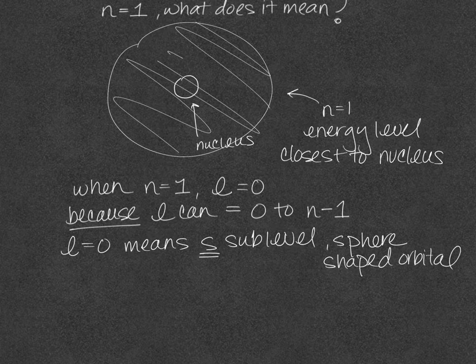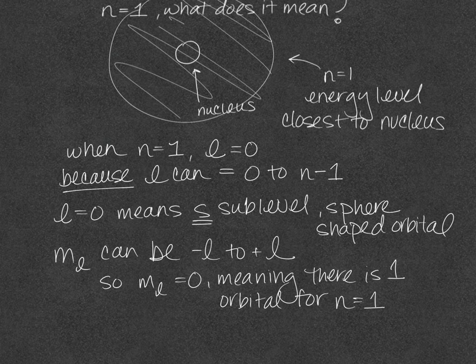So what does m sub L mean? Since m sub L can be anything negative L to positive L, we have to refer back to what L equals. These are all building on each other and they are all dependent upon what the previous quantum number equaled. Since n equals 1, this is our foundational quantum number. It's principal.